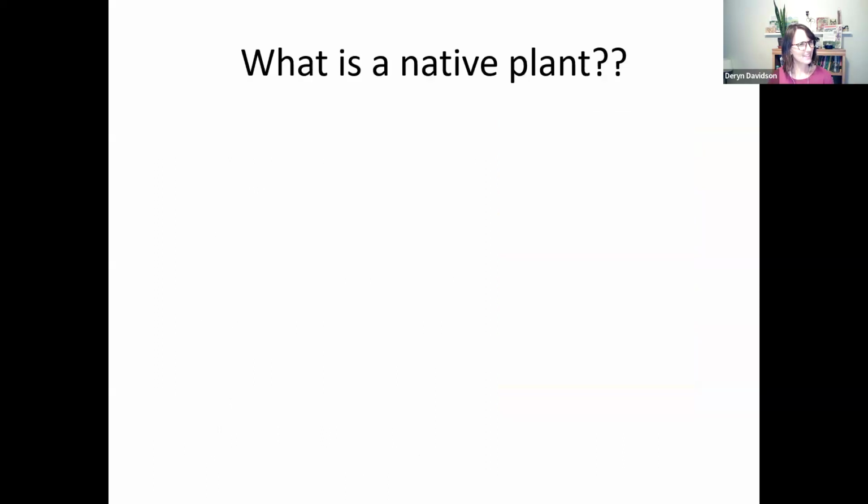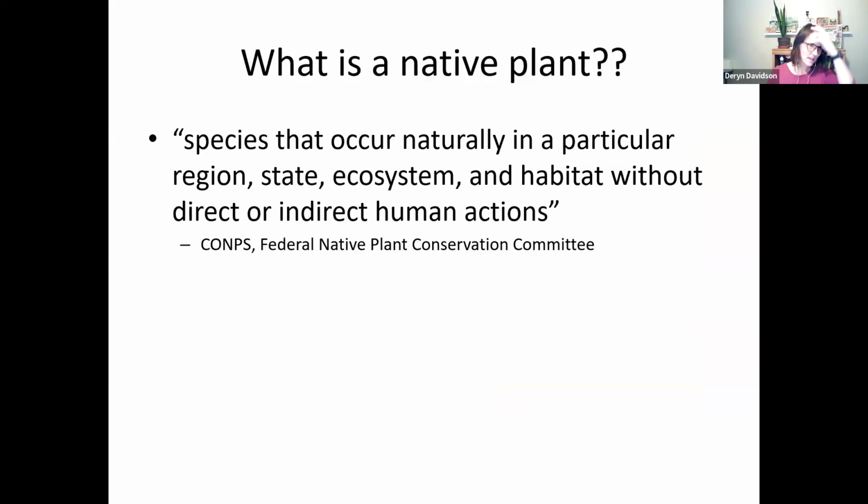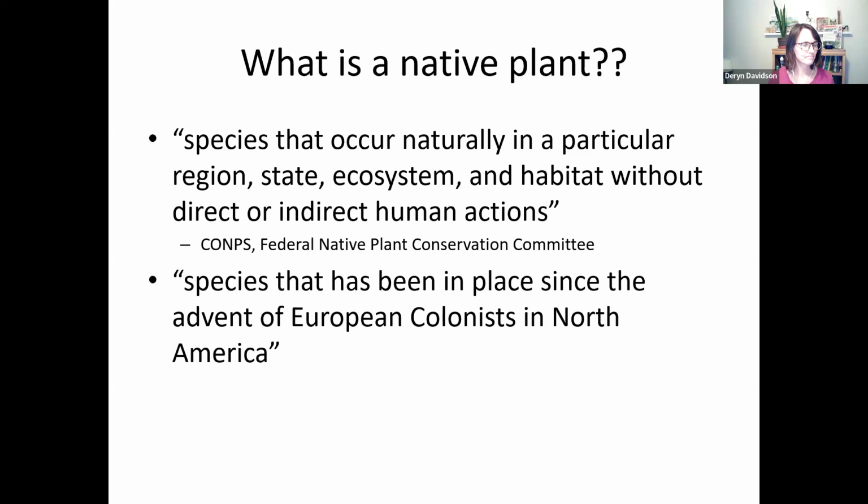It's also important to define what a native plant is. Again, hotly contested, but we do have some definitions that we can point to and are generally accepted. So the Colorado Native Plant Society and the Federal Native Plant Conservation Committee use this one. A native plant is a species that occurs naturally in a particular region, state, ecosystem, and habitat without direct or indirect human actions.